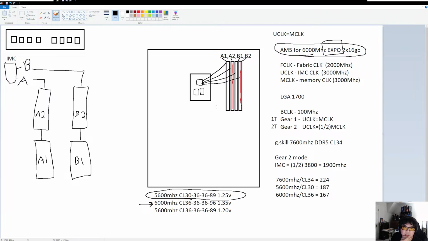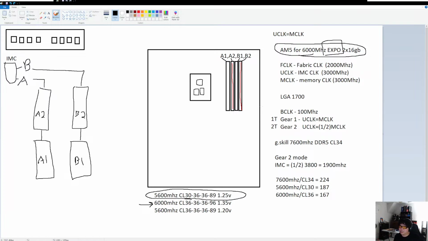The fabric clock has some relation here. It's related somehow to these other two things. So it could be something like that. If I had to guess, that's one of the reasons. I don't know if that's the reason.